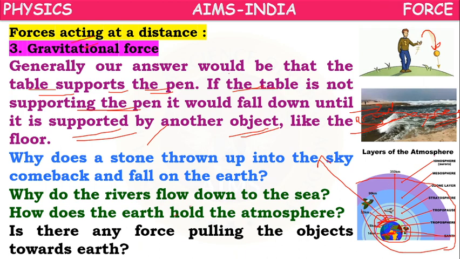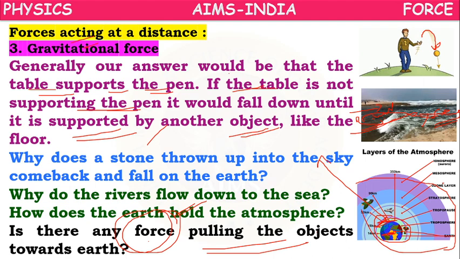Behind all these natural phenomena, there is some force which is pulling the objects towards the earth. If the earth did not pull the atmosphere towards it, the total atmosphere would escape from the earth. There would be no atmosphere on the earth.